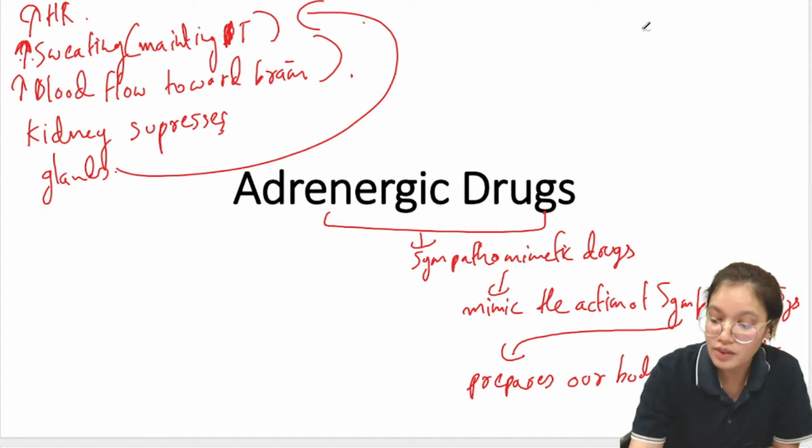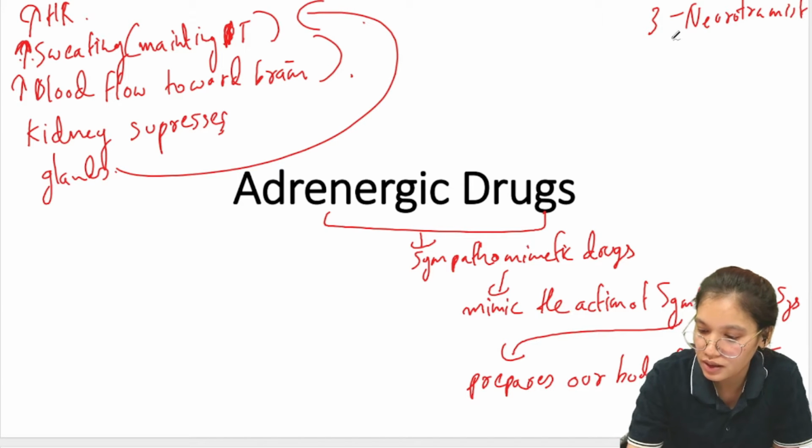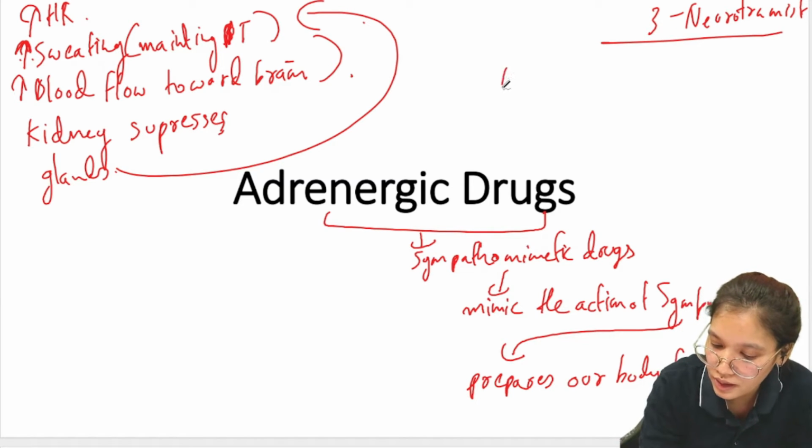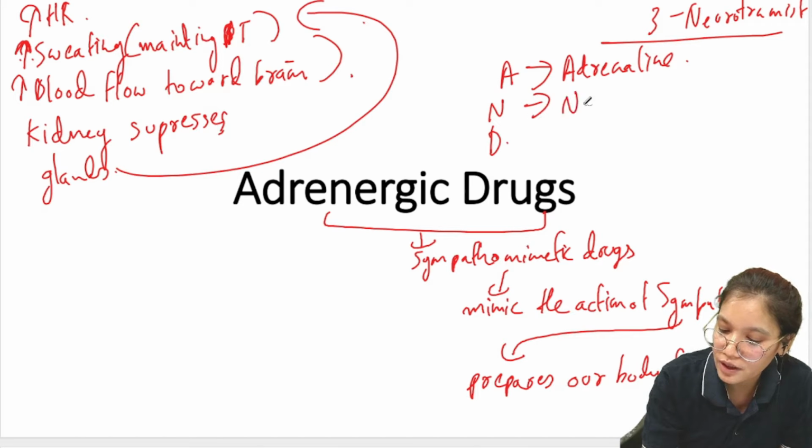Now there are three types of neurotransmitter that work for the adrenergic system. First is adrenaline, second is noradrenaline, and third is dopamine.